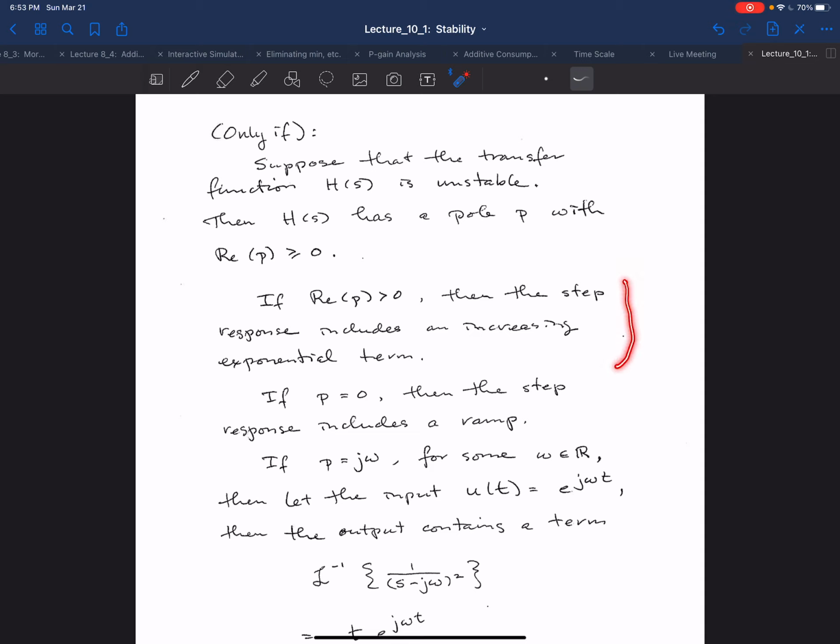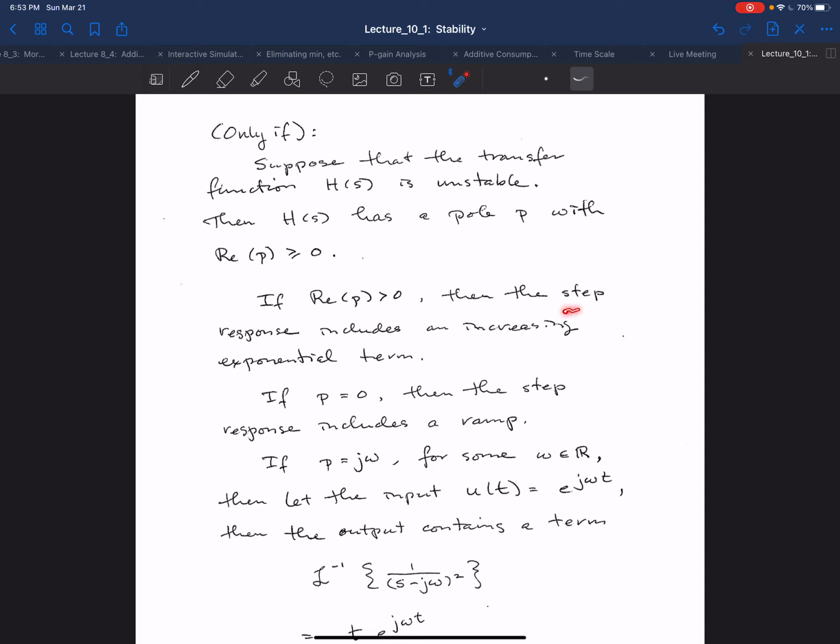Now, we know that if the real part of p is greater than 0, then, for instance, the step response includes an increasing exponential term. In fact, the impulse response also includes an increasing exponential term, but that means that the step response does, and that is the point here, because a step, once again, is a bounded input.